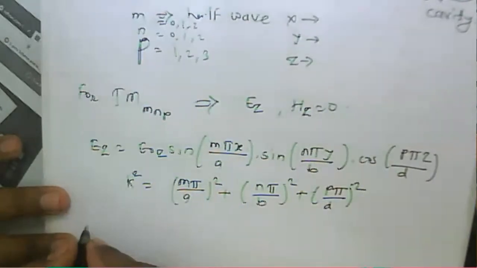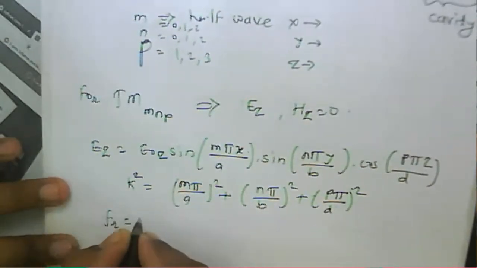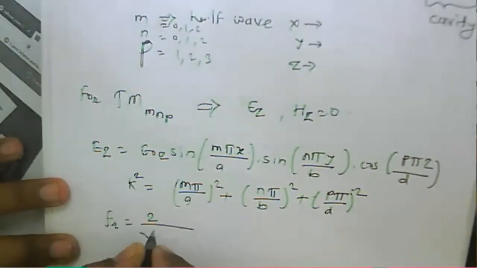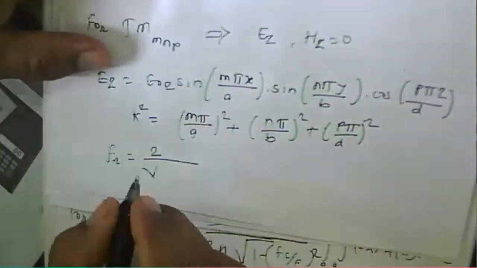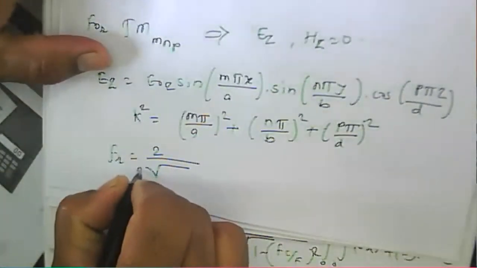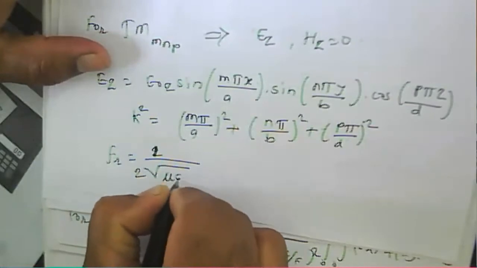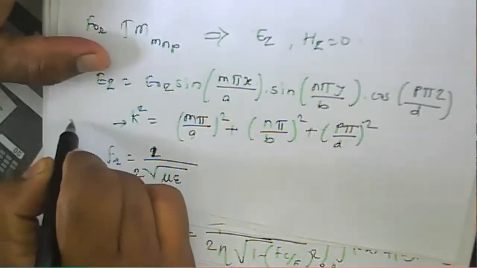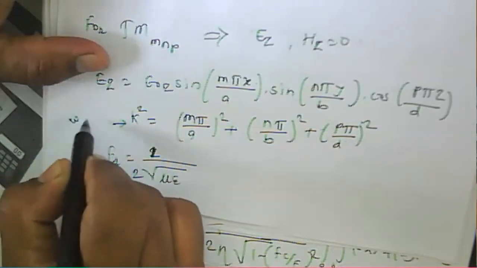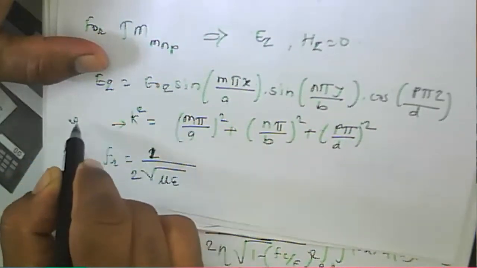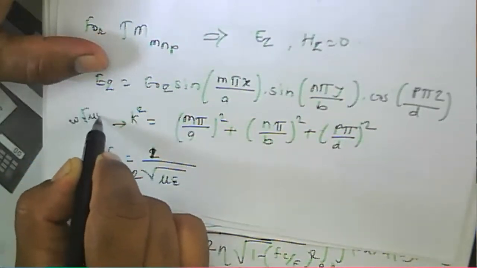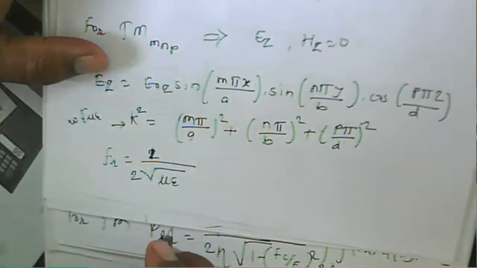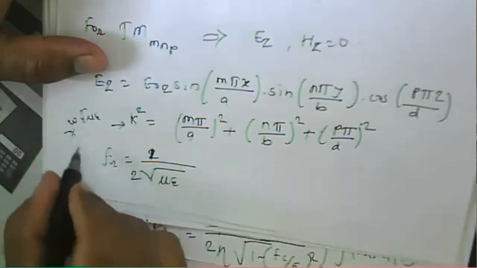We can find the resonating frequency. We can consider that k is equal to omega under root of mu epsilon, and omega is equal to 2 pi f.